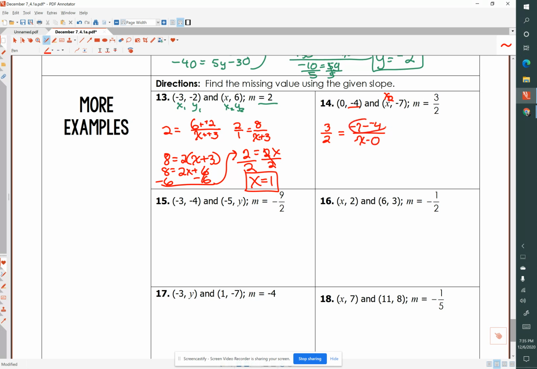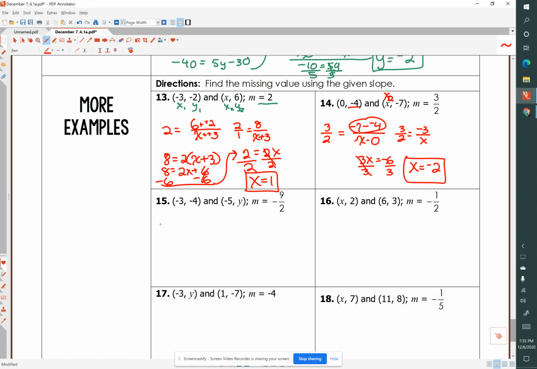So we can rewrite this as negative 7 plus 4. So 3/2 equals negative 7 plus 4 is negative 3. And x minus 0 is x. So multiplying 3 times x, we have 3x equals negative 6. Divide both sides by 3, and x equals negative 2.